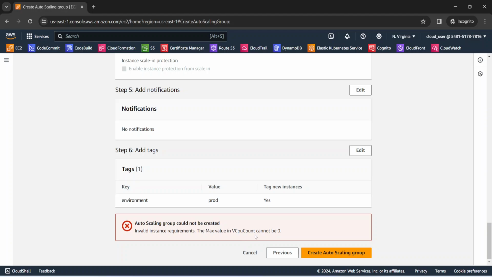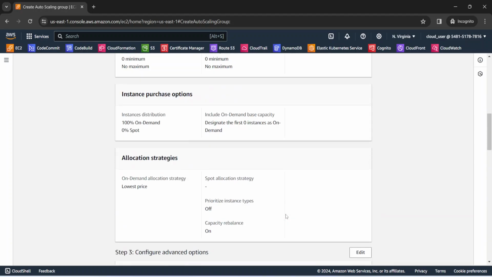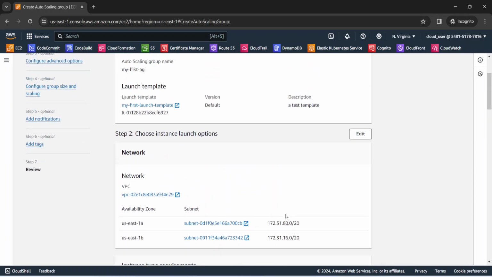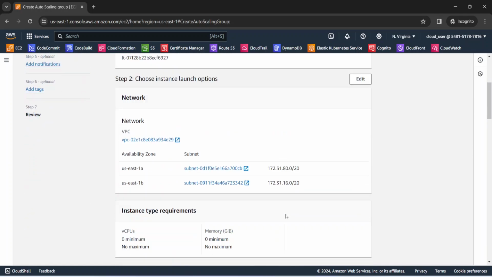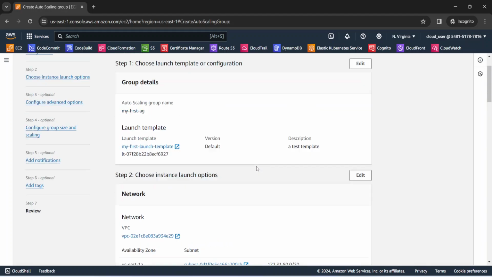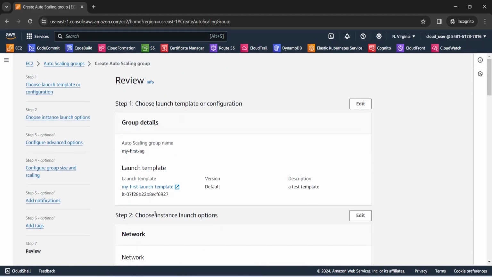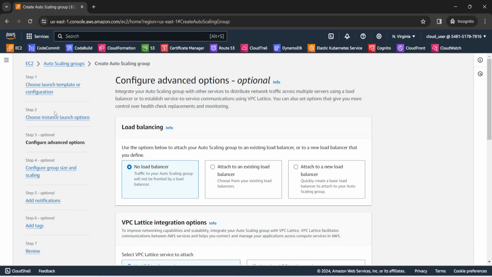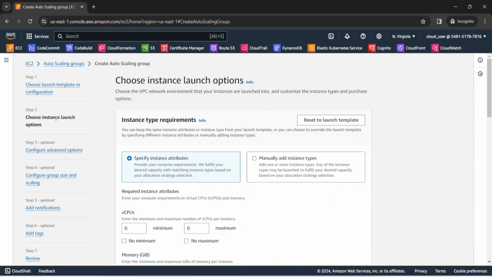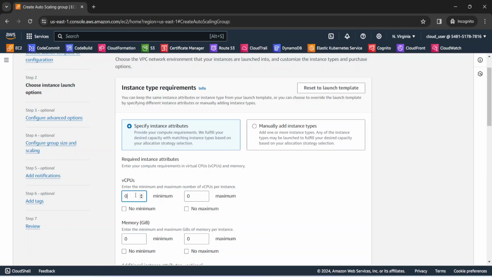So it says the max value in vCPU count cannot be 0. So just go ahead and edit the vCPU here. I'll give vCPU as 2, maximum would be 4.